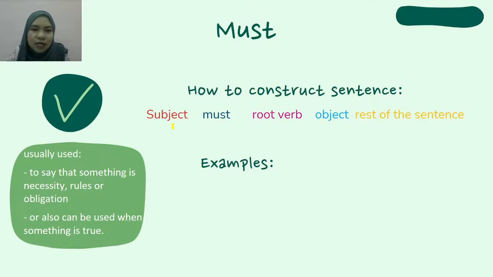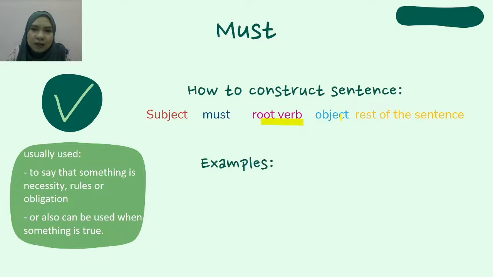Okay, so the first one, you have to write subject. Second, must. Third, root verb. What is root verb? Root verb is verb without the endings. For example, eat. Eat is root verb. Eats is not a root verb. Eating, not a root verb.